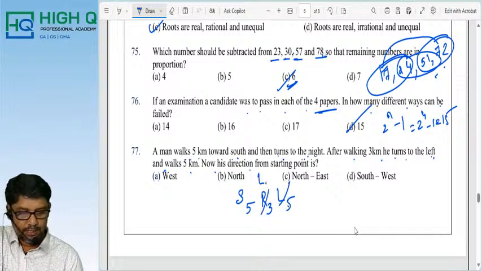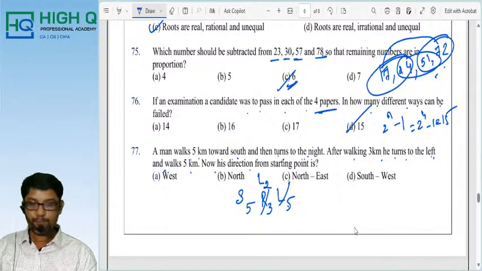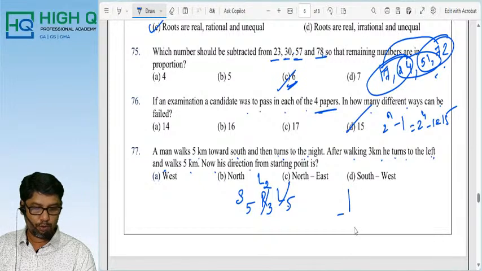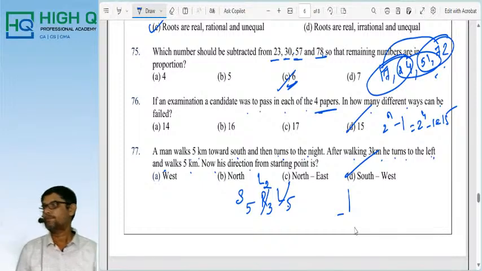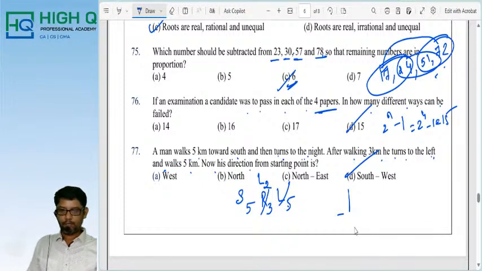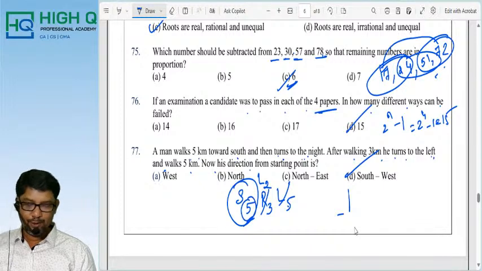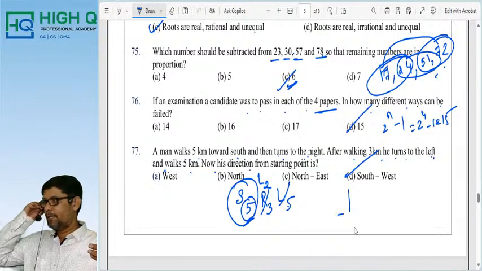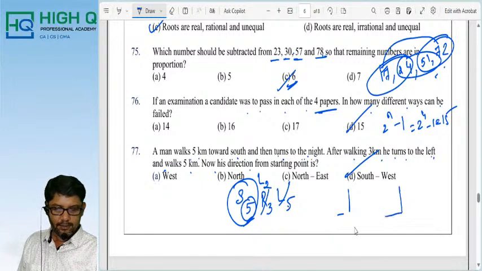From south, left to 2 kilometers. Is it southwest? Because they are not equal, na? So south has more. No sir, I will be drawing the map, sir. Please do it. South, taking right, then turns to left. Then which direction from the starting point? Of course, southwest.